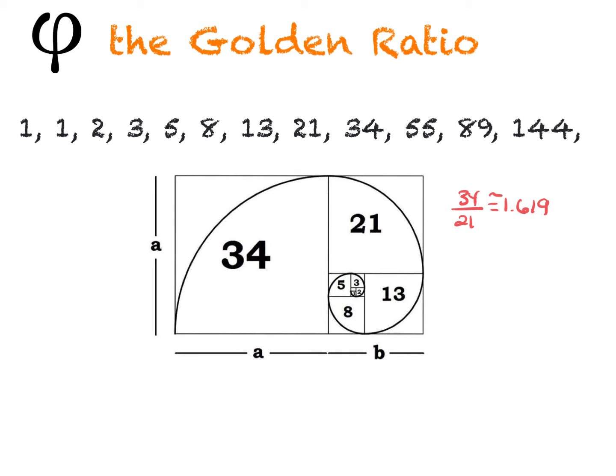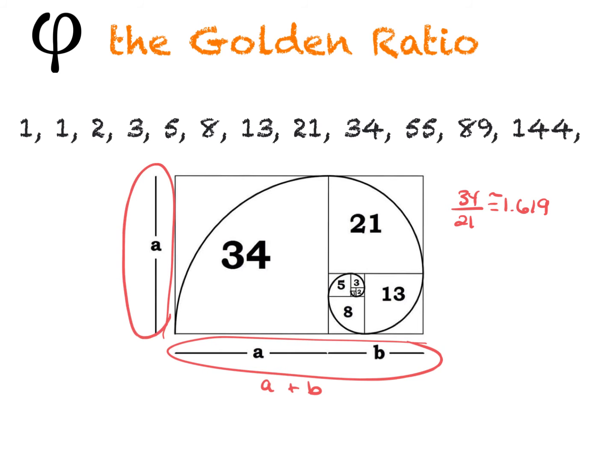So let's generalize this. Let's say we wanted to do the bigger side, which would be A plus B, divided by the smaller side, which would be A, for a generic case, not necessarily 21 and 34.